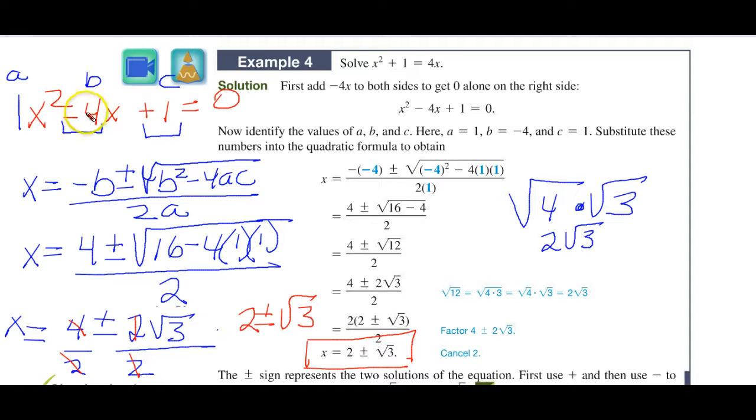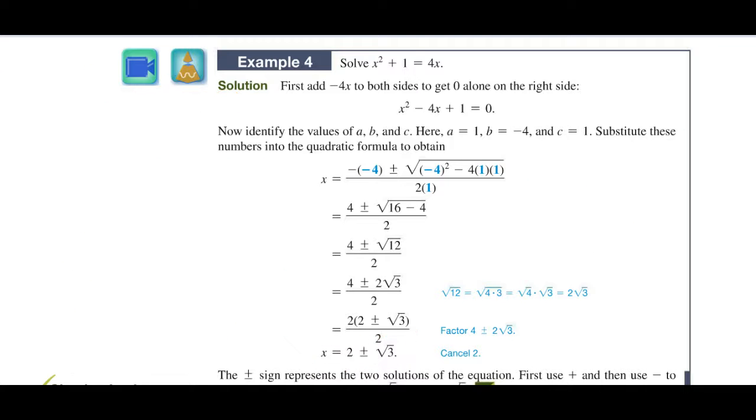Here, if our B term was a +4, here it would end up as a -4. But since B is a -4, it's the opposite of B, which makes it a positive. Here it's always going to be positive because you're squaring it, and then just carefully substituting to get this. And we do get 2 solutions, and that's what you would have to write in MATLAB.